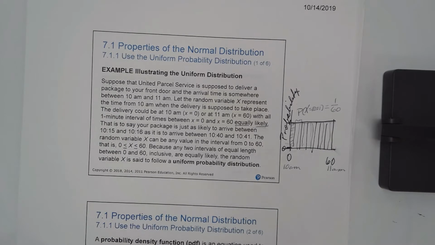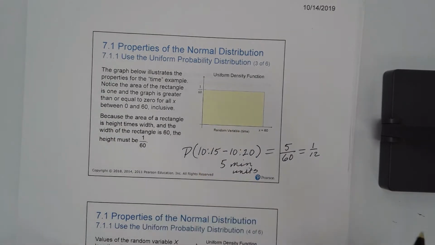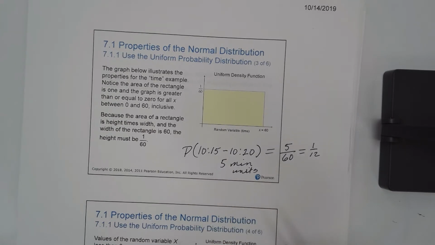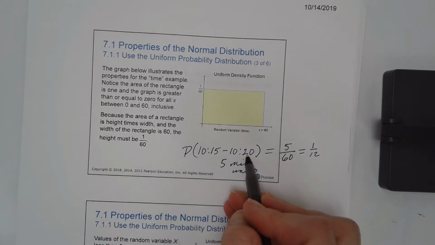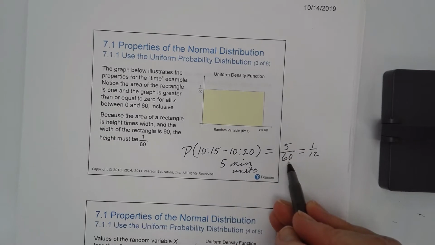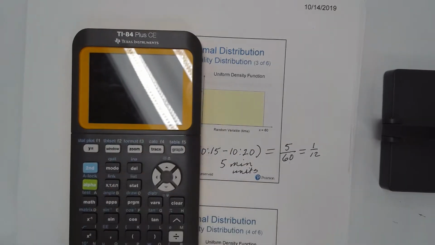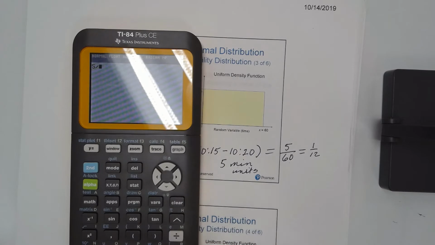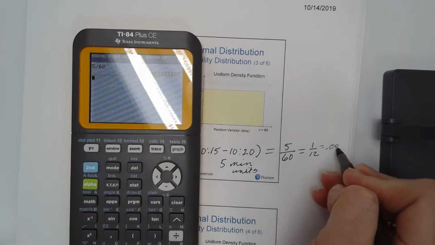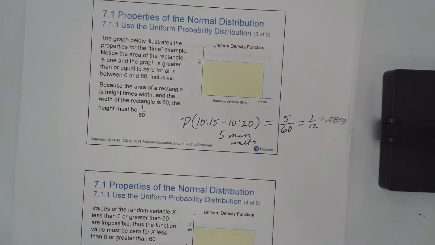For example, if I want to know the probability of a package being delivered between 10:15 and 10:20, that's a 5-minute interval, so that's 5 out of the 60 minutes. So the probability of it being delivered from 10:15 to 10:20 is 5 divided by 60, which is 1/12, or 0.0833. Make sense?